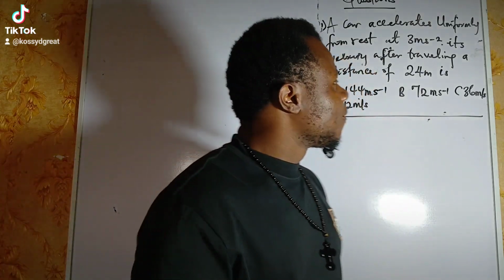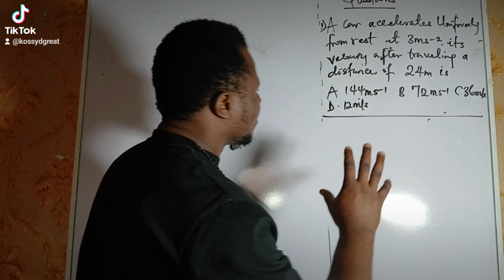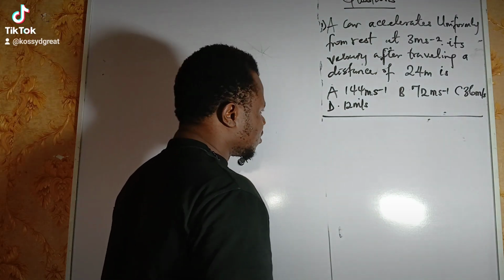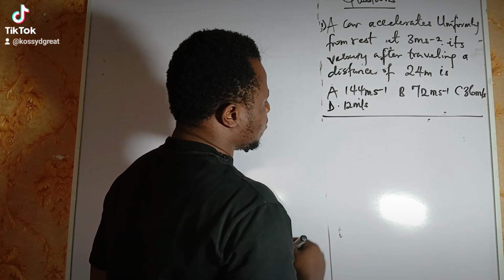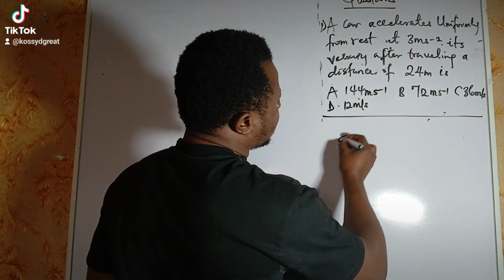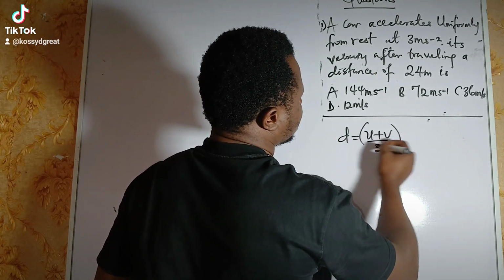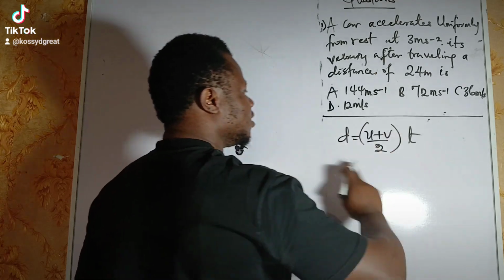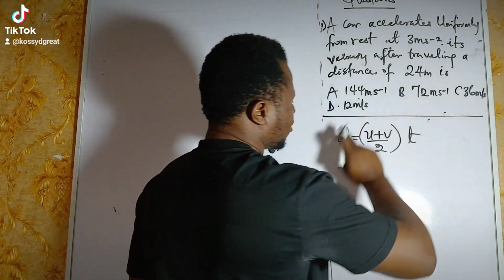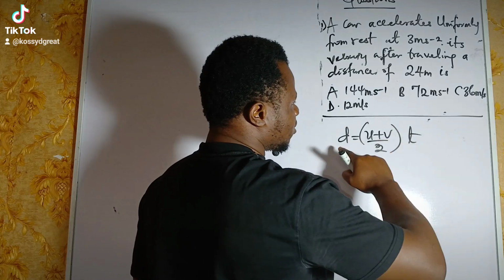Now, again, I want to tell you how to use these equations of kinematics. The first equation that we proved is D is equal to (U plus V) over 2 multiplied by T. When you look at this equation as a whole, something is missing.